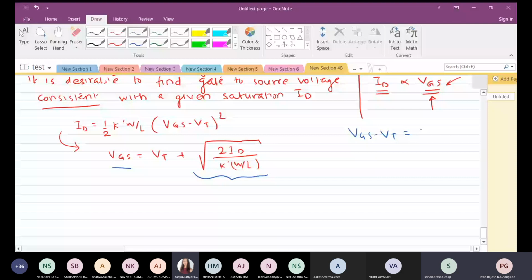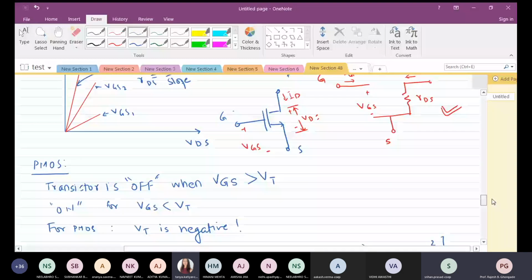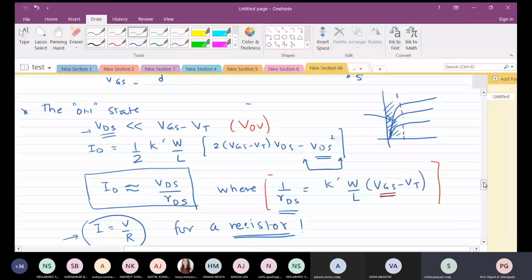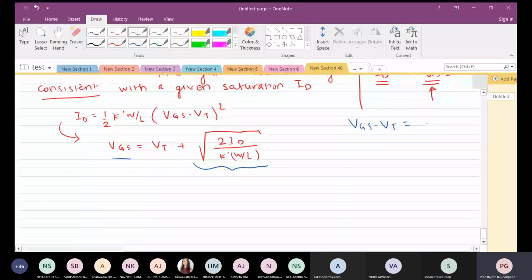Yes, it is VOV. Now don't you think that this term is equal to VOV?